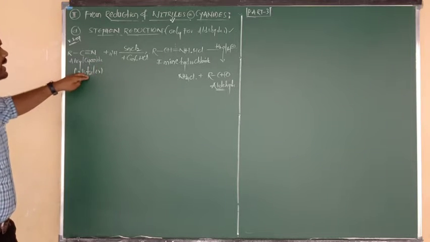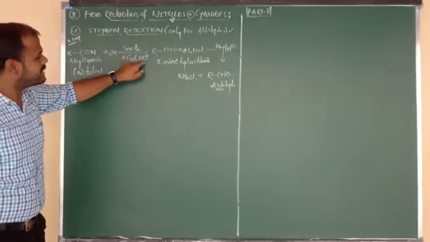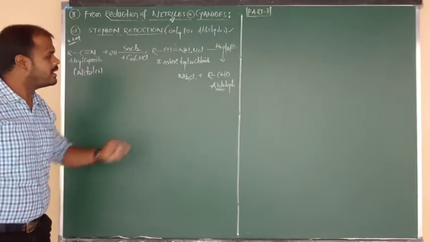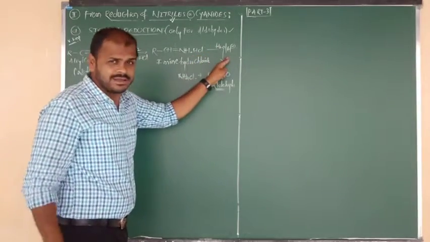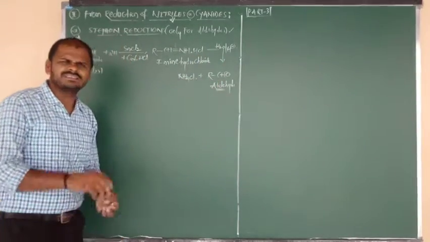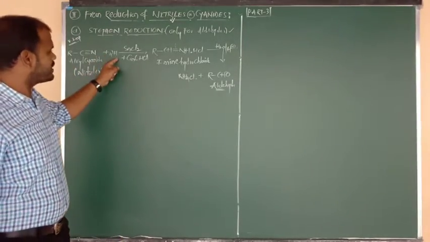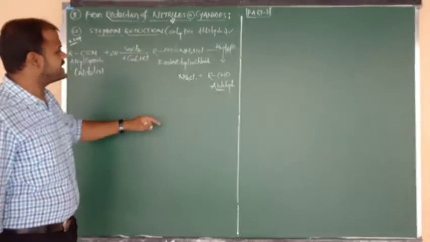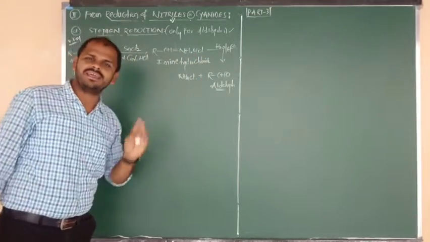Nitriles upon reduction with stannous chloride and concentrated HCl give imine hydrochloride, and followed by hydrolysis give aldehydes. Such a simple statement you have to write. Once again, nitriles on reduction with SnCl2 plus HCl give imine hydrochloride, and followed by hydrolysis give aldehydes.